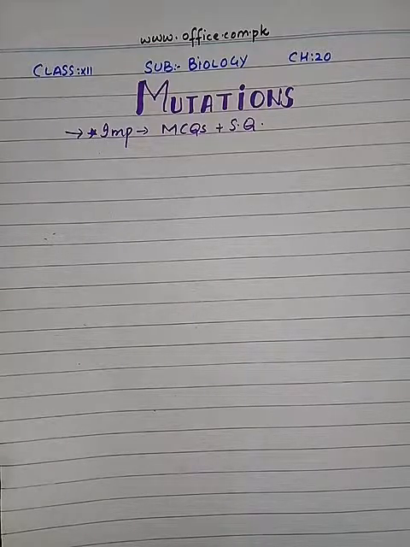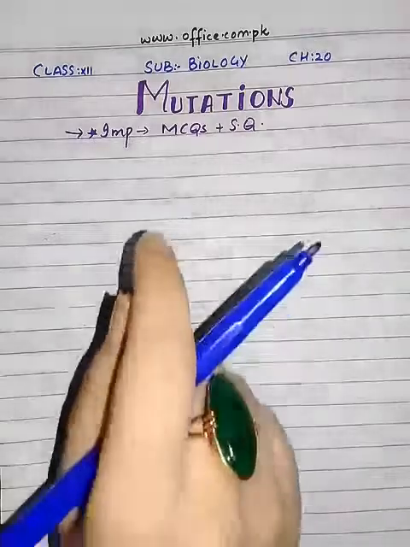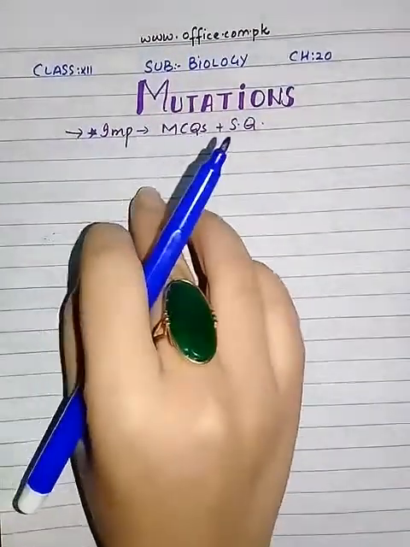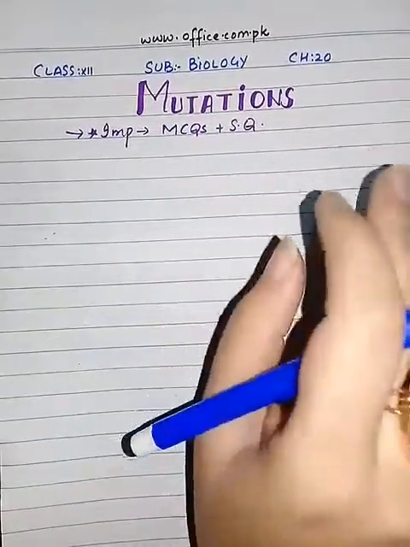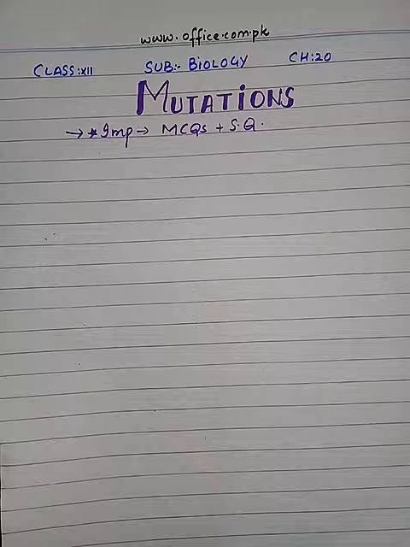So what are mutations? Dear students, you all know that the cells of eukaryotes contain a very huge amount of DNA. Now, if you take one human being, remove the DNA, and join the DNA from end to end, it will become a long strand of about 100 billion kilometers, which is 60 times the distance between Earth and Jupiter.